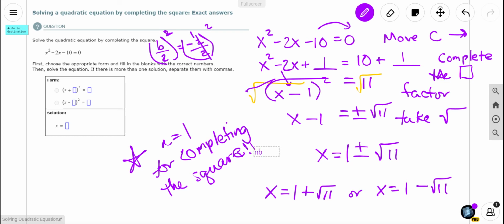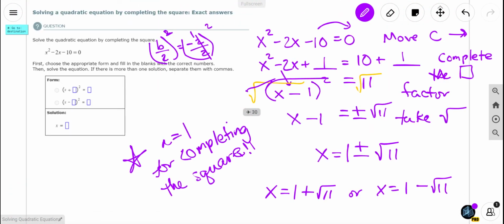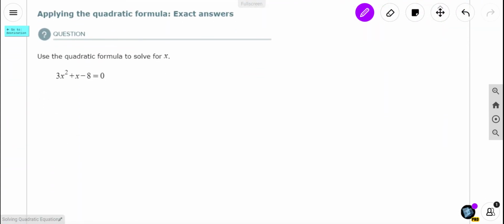So in these next problems, check it out. The first one, okay, look. Sorry, went the wrong direction. Okay, look. In this one, A happens to be equal to 3. So we have A equals 3, B equals 1, and C equals negative 8. So if I were to complete the square, I would literally have to divide everything by 3. I'm just going to show you. You don't have to copy this down, but watch this, because look at how icky this would be if you decided to complete the square.